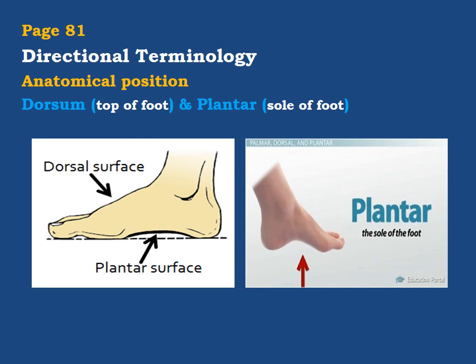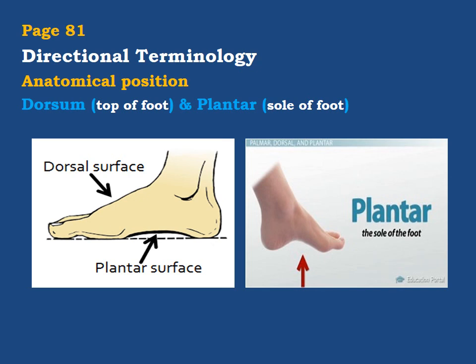Other terms, we have dorsum and plantar, and you can find these in your books, and they are clear there, and here in the figures they are clear. So what is meant by dorsum? Dorsum means top of foot.